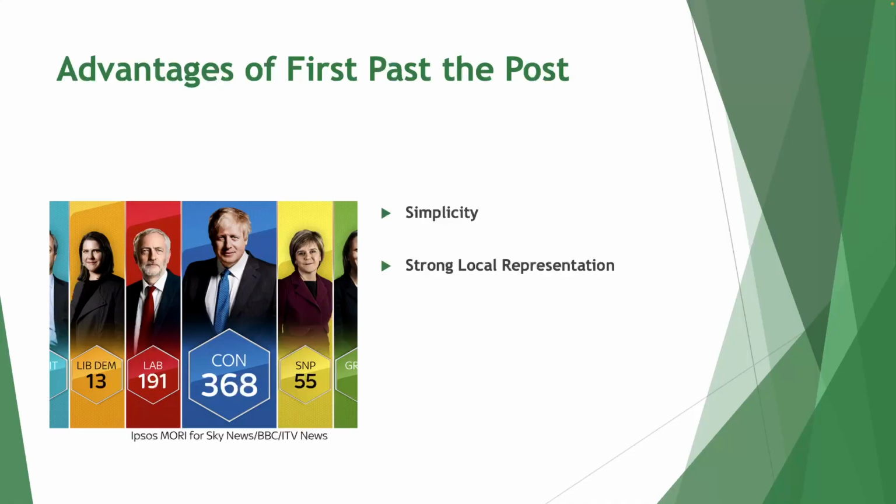Another advantage is the fact that there is a strong amount of local representation. Each member of parliament represents a specific geographical area, a specific constituency. This allows them to have a direct link between the voters and their elected representative. If I want to speak to my MP, I can email them, and I can probably get a meeting with my MP.